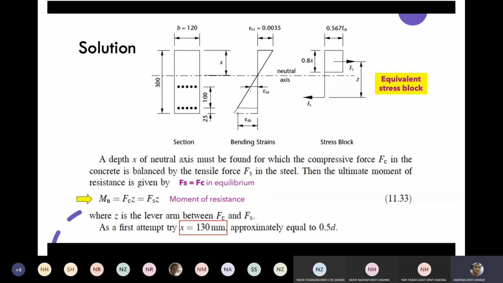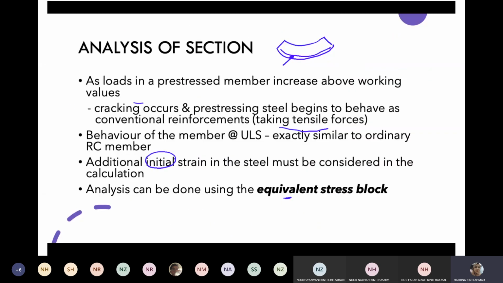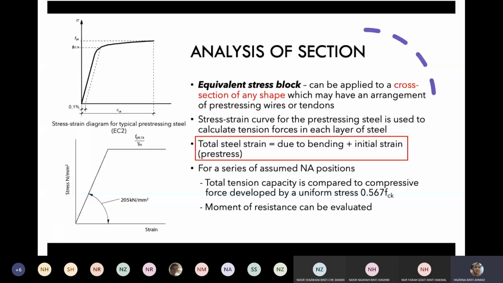You can see here, this is the stress block. Basically we are going to use a similar stress block for our section, and a similar equilibrium equation. For the analysis of section, it gives us the equivalent stress block, which can be applied to a cross section of any shape, which may have an arrangement of pre-stressing wires or tendons.